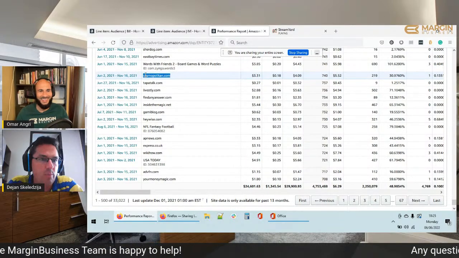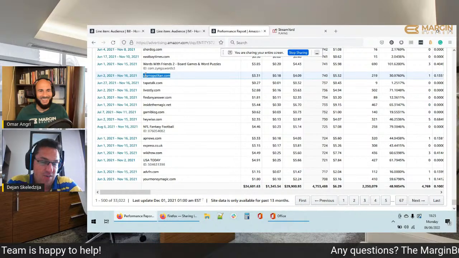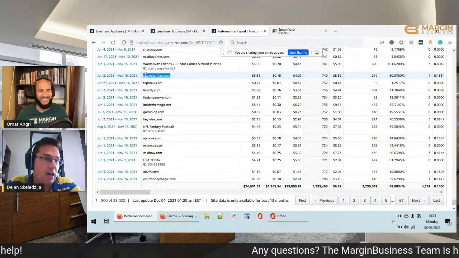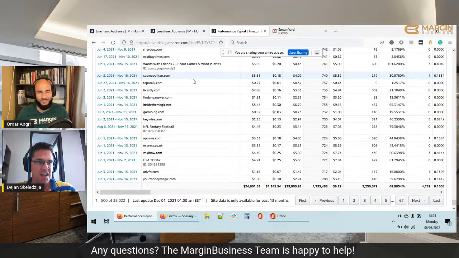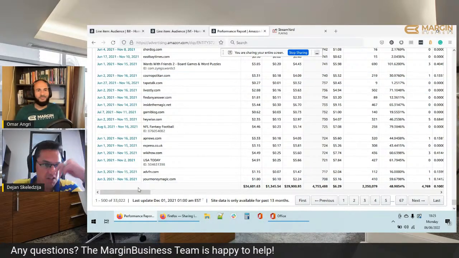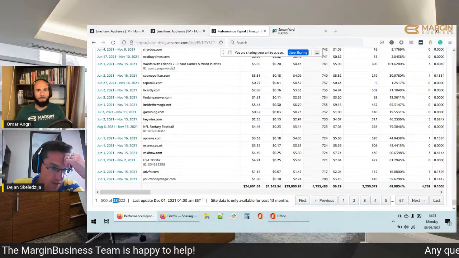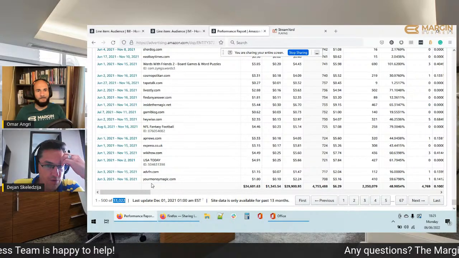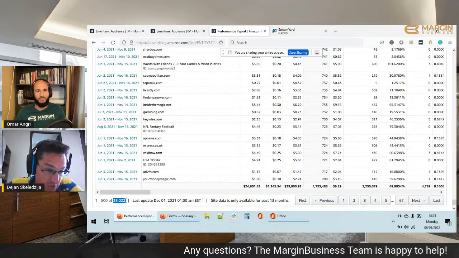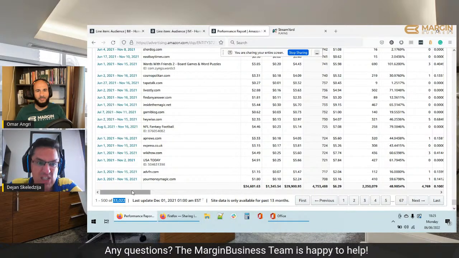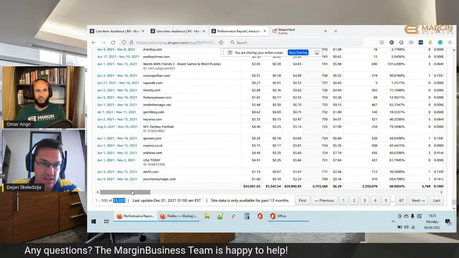Cosmopolitan.com. Who goes on Cosmopolitan.com? Obviously, it's not my mother who is 80 years old. Obviously, it's somebody who is young, and into style and this stuff. So I just want to show this: for this campaign we have shown our banners on 33,000, a little bit more, different websites.